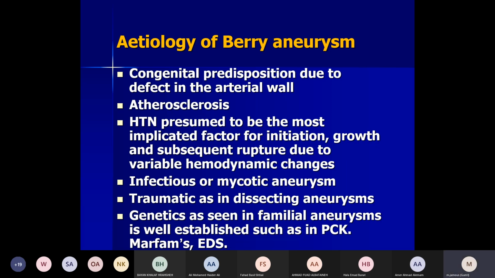We have other special entities for the aneurysm. We call it infectious or mycotic aneurysm, which we usually see in immune-compromised patients. And other entities, traumatic or dissecting aneurysm, can lead to subarachnoid hemorrhage.